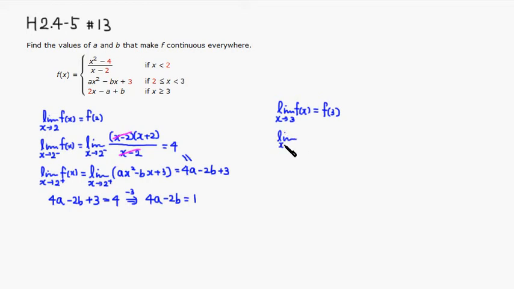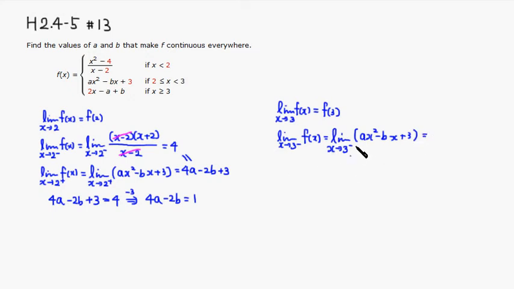So limit as x approaches 3 from the left. And since it's from the left, we have to use the middle formula. So we have the limit as x approaches 3 from the left, and you have ax squared minus bx plus 3.